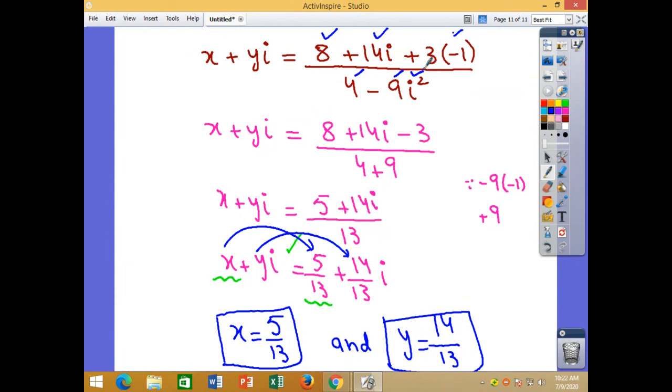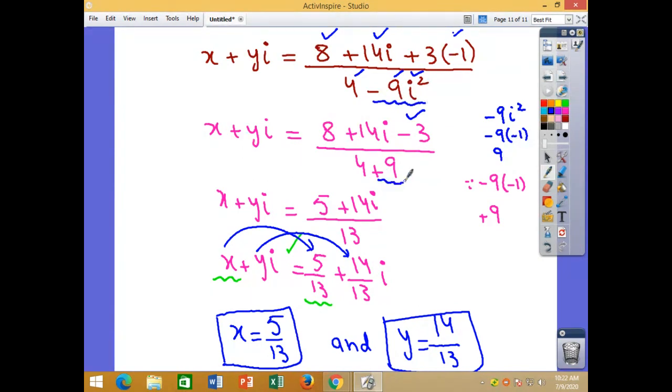After this, we simplify it more. 8 as it is, 14 iota as it is. When 3 is multiplied with negative 1, it becomes negative 3. 4 as it is. Here you see that we have negative 9 iota square. Iota square is negative 1. Negative 9 multiplied by negative 1 becomes positive 9. Instead of negative 9 iota square, we directly write positive 9.